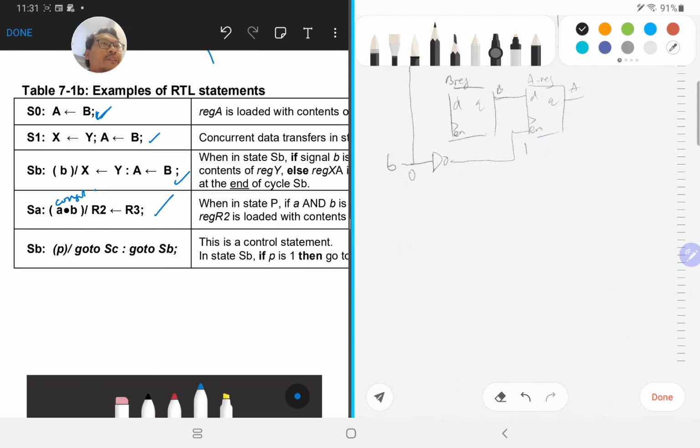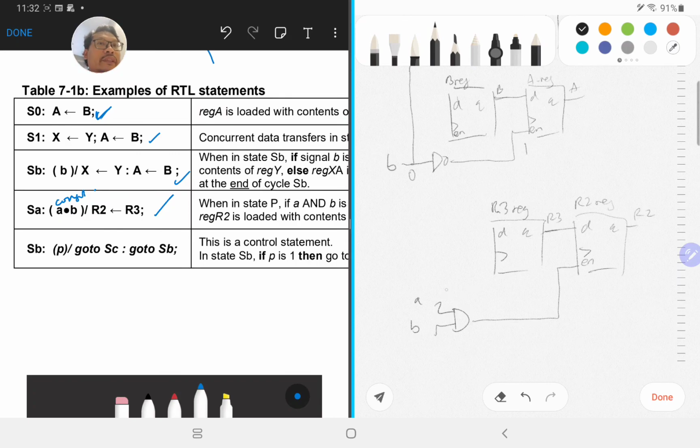Let's quickly do this. I think it's quite straightforward. Basically you're going to have the R2 register, which outputs R2, and the R3 register, which outputs R3, each with a D and Q. We have an enable there, and if A and B, then only will we transfer the content of R3 into R2.